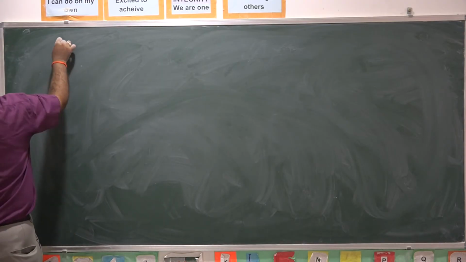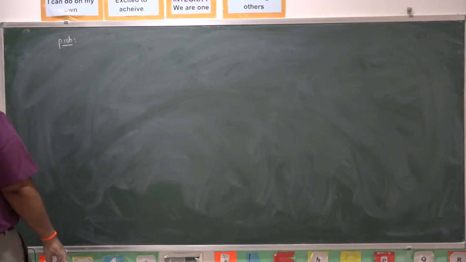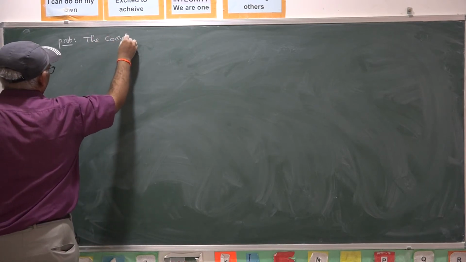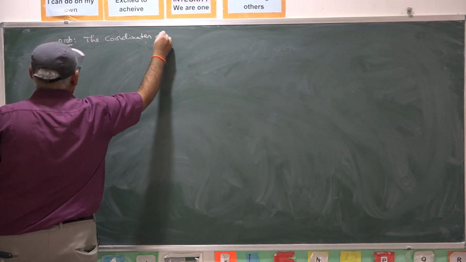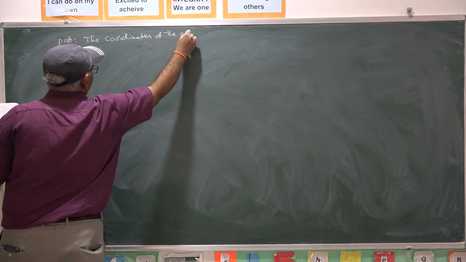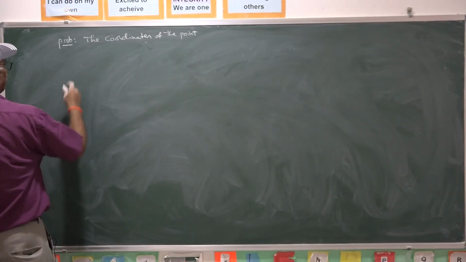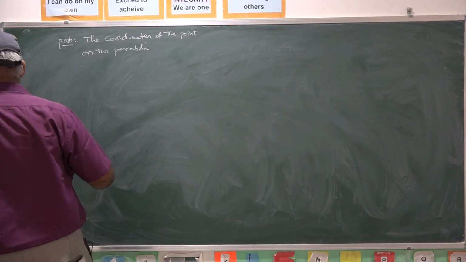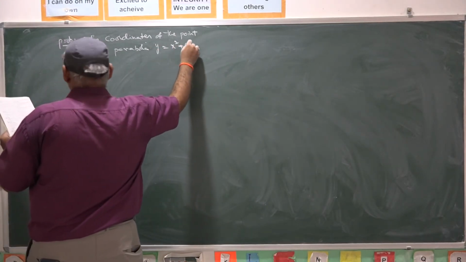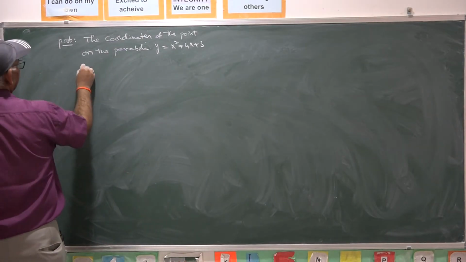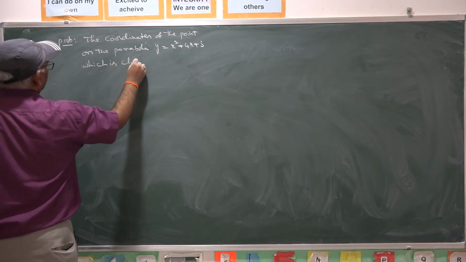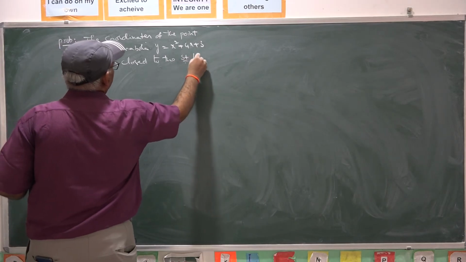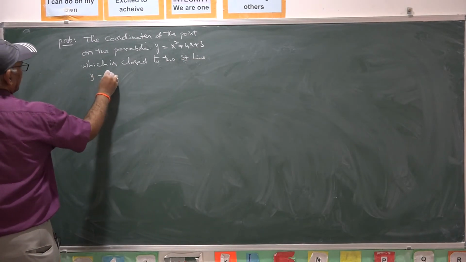Next, find the coordinates of the point on the parabola y equal to x square plus 4x plus 3, which is closest to the straight line y equal to 3x plus 2.